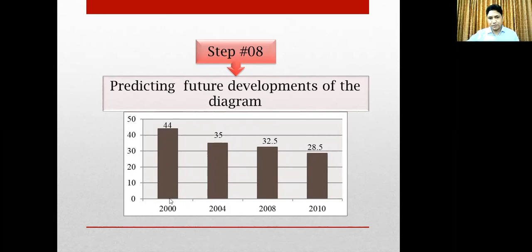You see, in 2000 the number is 44, in 2004 the number is 35, in 2008 the number is 32.5, in 2010 the number is 28.5. So no doubt it is decreasing, it is falling. So at the very end of your writing, you have to predict the future development of the diagram.